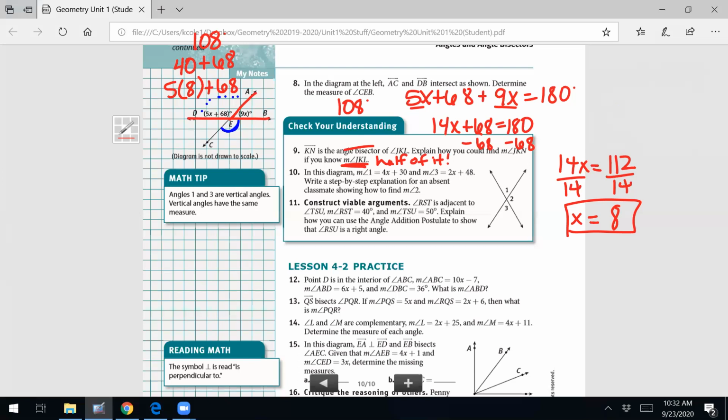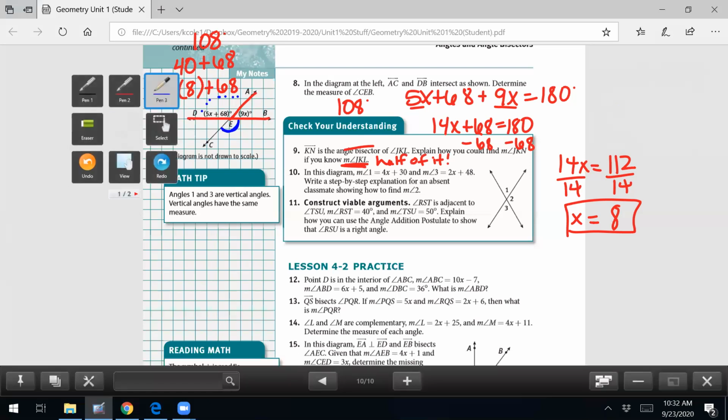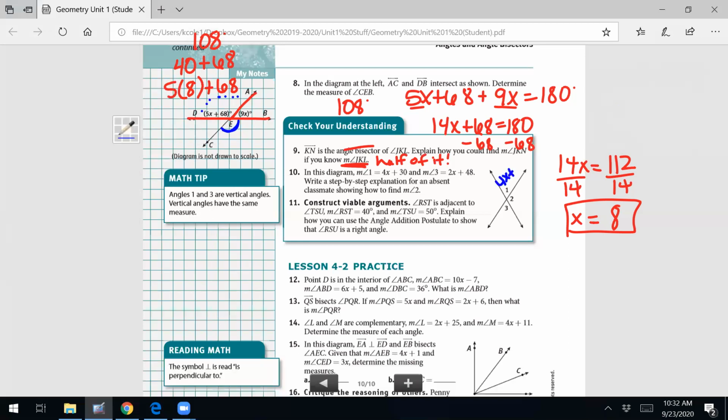Number 10, in the diagram, the measure of angle 1 is 4x plus 30. The measure of angle 3 is 2x plus 48. So we've got 4x plus 30 and 2x plus 48. Now remember, these are directly across from each other, the ones that touch on the noses, so those are going to be congruent.